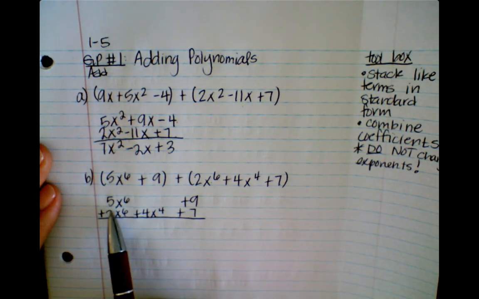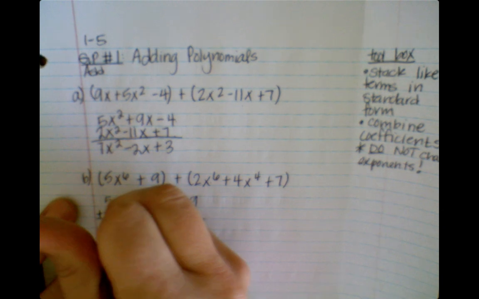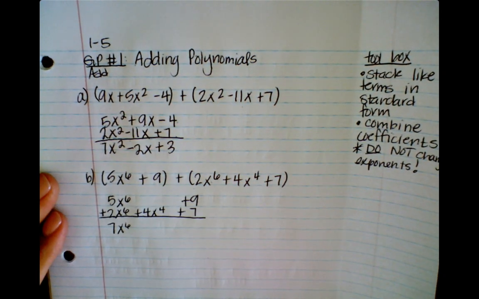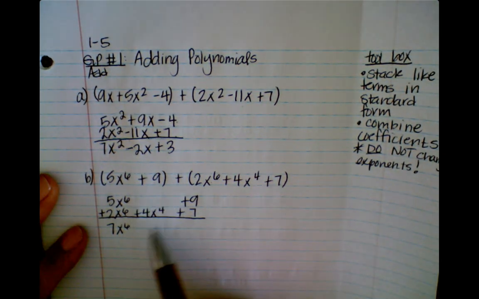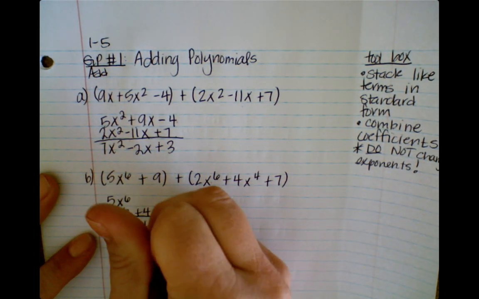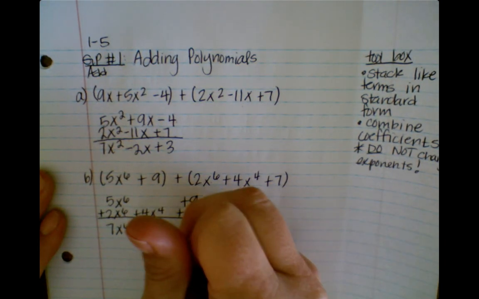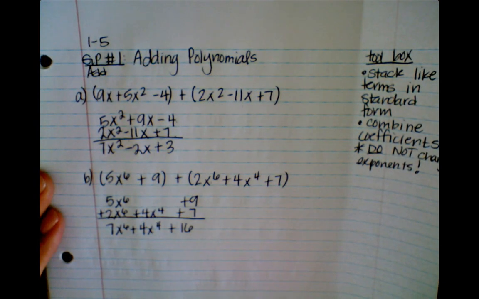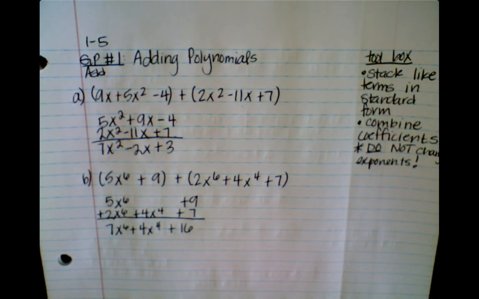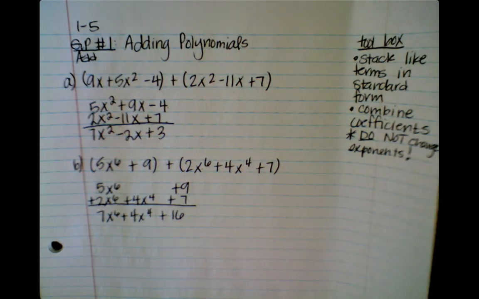So if I have 5x to the 6th, and I add to that 2 of them, that's going to give me 7x to the 6th. There's nothing for me to combine with my 4x to the 4th, so that's just going to remain 4x to the 4th. And 9 plus 7 gives us 16. So that is our adding polynomials.